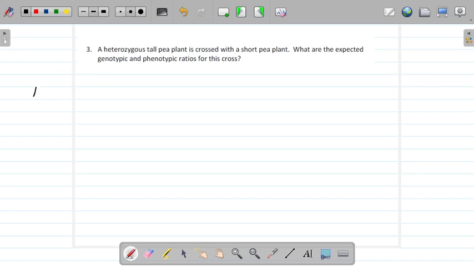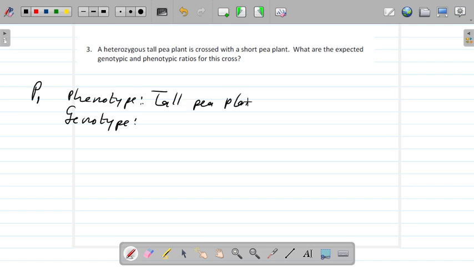First parent generation, P1: the phenotype and the genotype. What are the phenotypes? A heterozygous tall pea plant is crossed with a short pea plant.